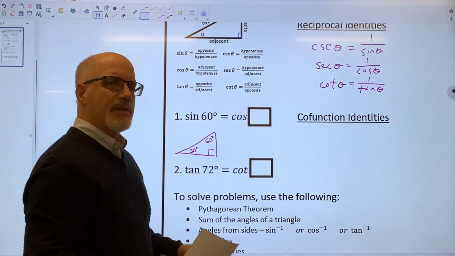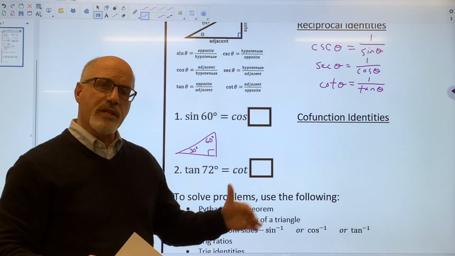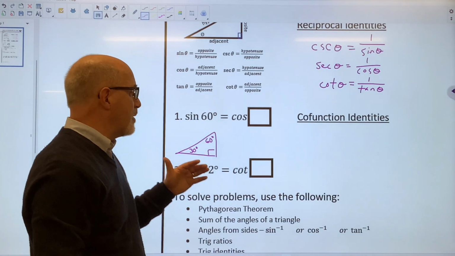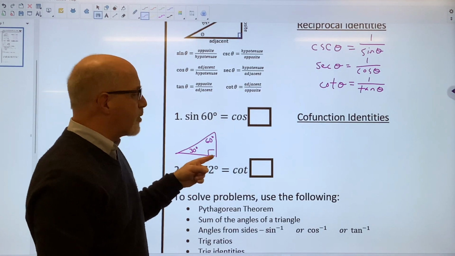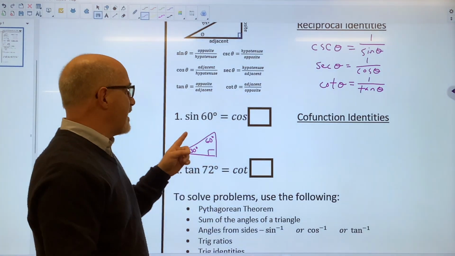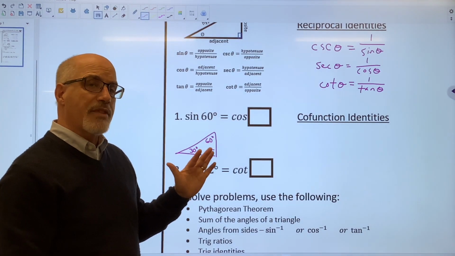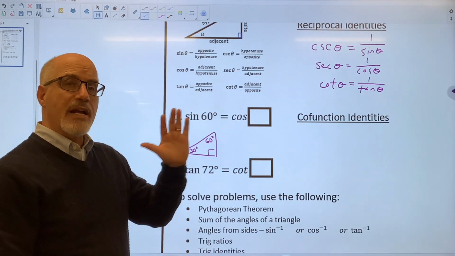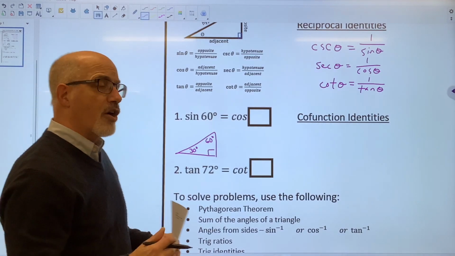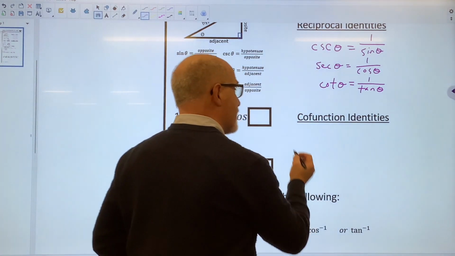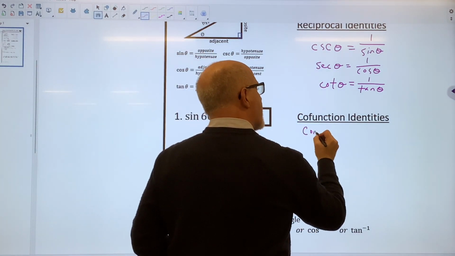Well, it makes sense because if 180 degrees is what a triangle adds up to, and you've got 90 degrees taken up by the right angle, the other two have to add up to 90. Just a reminder, two angles that add up to 90 degrees are called complementary angles. So let's state that over here.